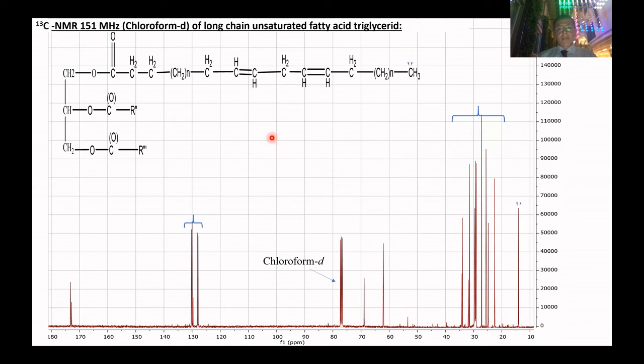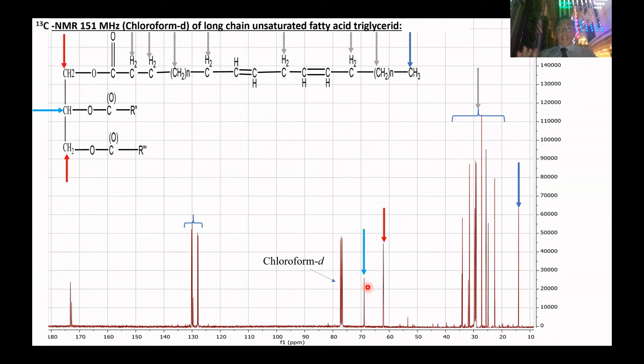So this is the assignment of carbon 13: CH3 and CH2 in different positions. Then the CH2 attached to the glyceride, at about 65, and the extra carbon, which has fewer protons, is expected to be more deshielded than CH2.